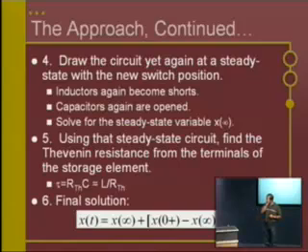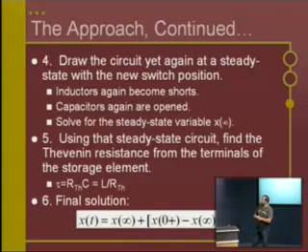Once you get past 5 tau, you're 99+% of the way to that steady state condition, so it's a fair estimation to do it that way. So the inductors become short circuits again, the capacitors open up again, and you solve for your final steady state variable, i of infinity or v of infinity, whichever it is that you're looking for.